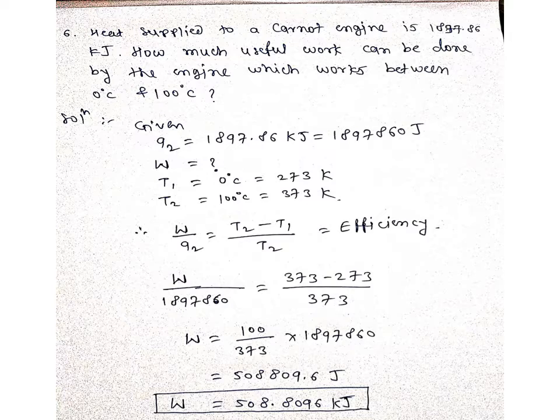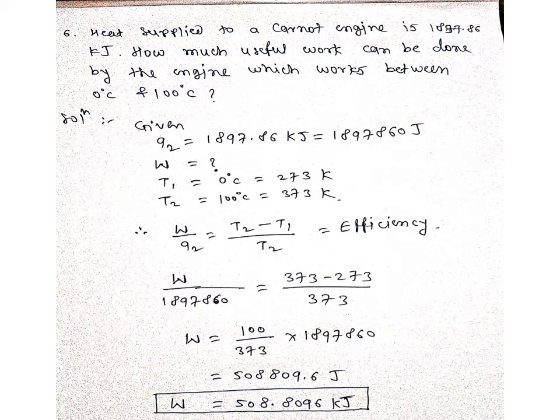T1 200 Kelvin, T2 400 Kelvin, heat capacity at constant pressure 20.78 joule per mole per Kelvin, delta S we have to calculate. To calculate delta S, we have to use the formula, that is delta S is equal to n Cp ln T2 divided by T1.